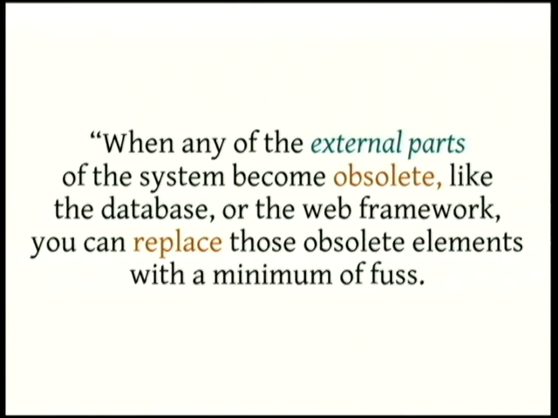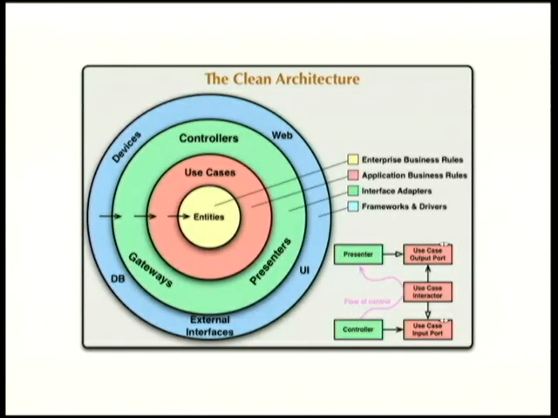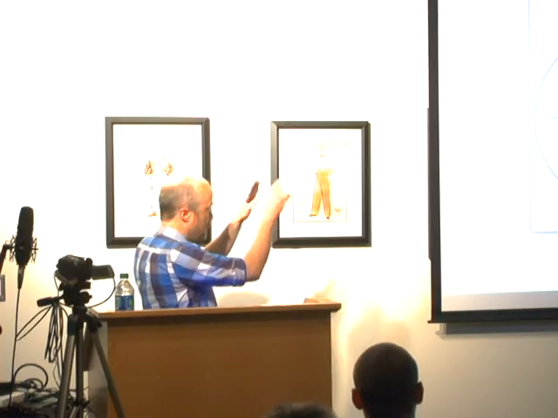When any of the external parts of the system become obsolete, like the database or the web framework, you replace those obsolete elements with a minimum of fuss. Because all the innards don't know about the database. The innards don't know that the web is there. And so if you need to replace the way your data is stored, the way data flows in or out, you just make adjustments at the outside level and everything else should keep working.